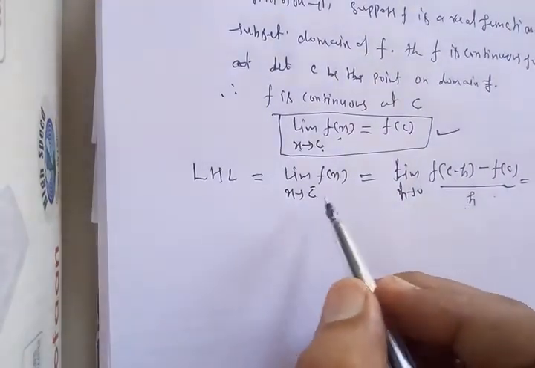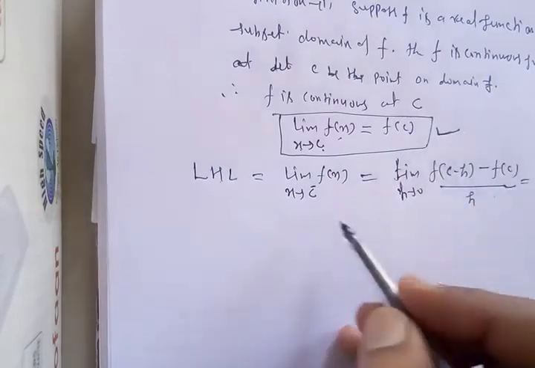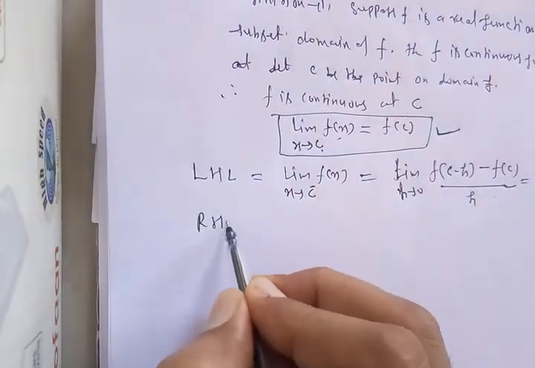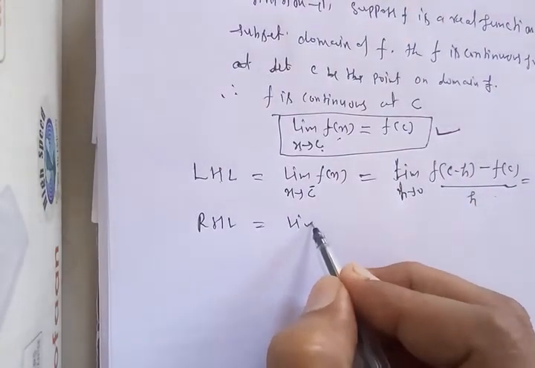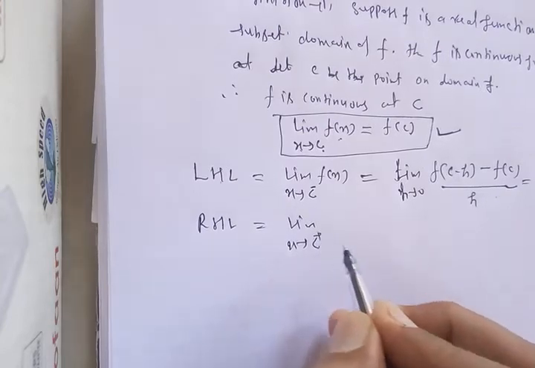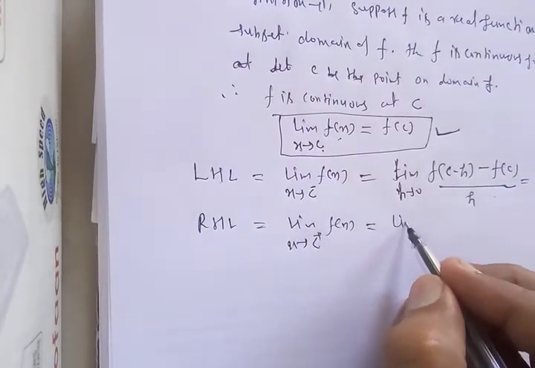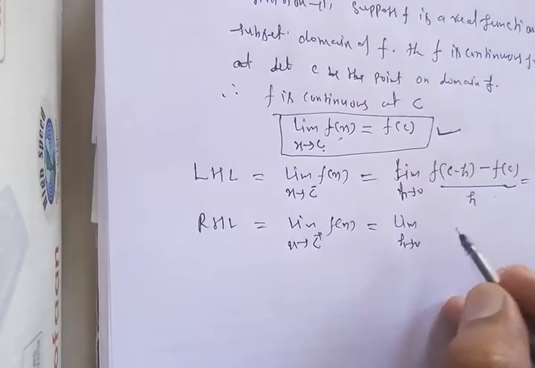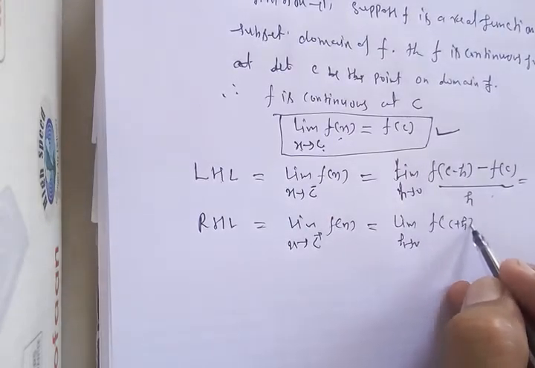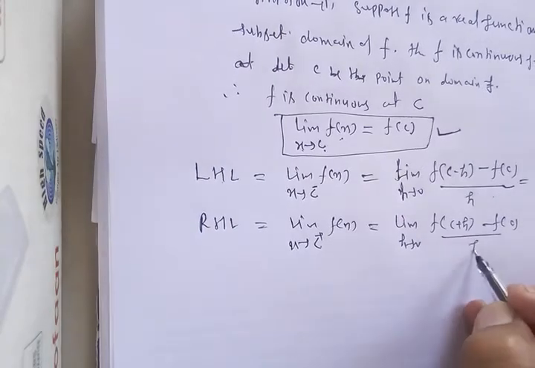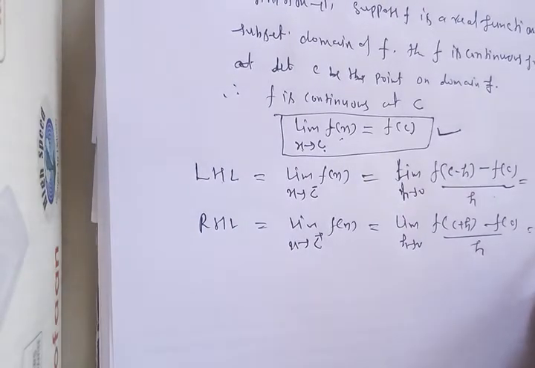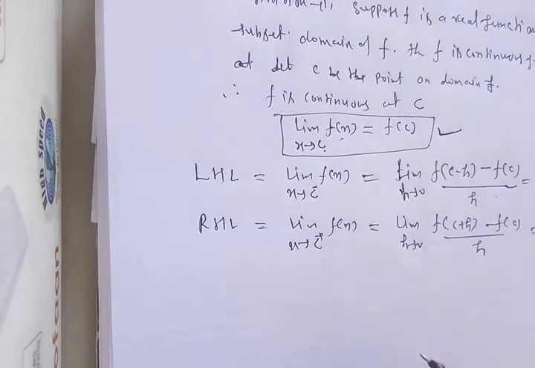In this type of question, we mostly use this method. And RHL, the limit as x tends to c positive of f(x), equals the limit as h tends to 0 of (f(c plus h) minus f(c)) upon h. This is also studied in 11th class.